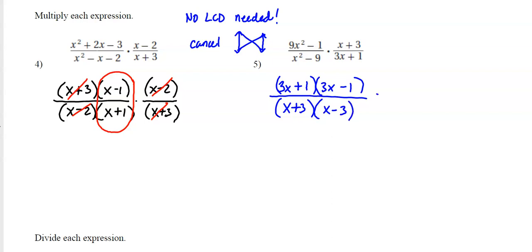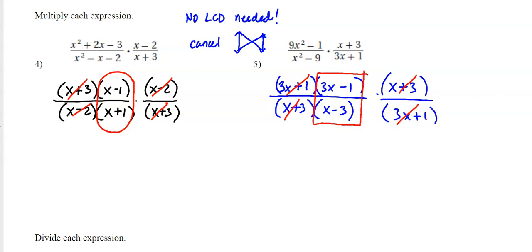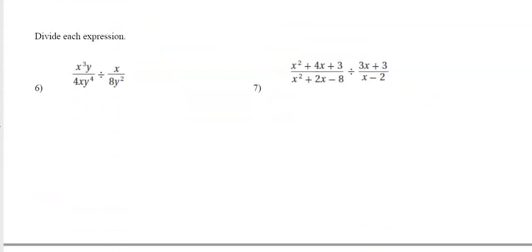And then over here to the side, we're just multiplying by another x plus 3 and a 3x plus 1. So if you didn't get that 3x plus 1 on the top left, you wouldn't have been able to cancel very well. But the 3x plus 1's cancel, the x plus 3's cancel, and I'm simply left with this expression right here in the center. So multiplication's not too bad.